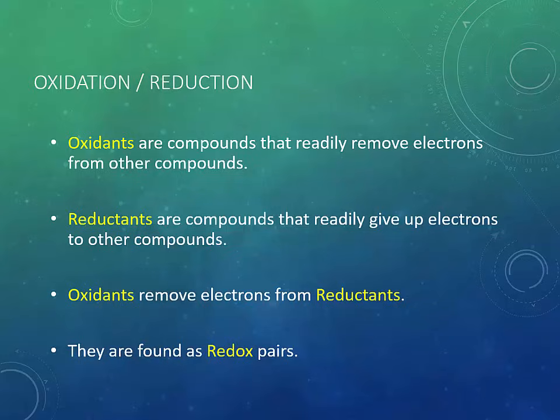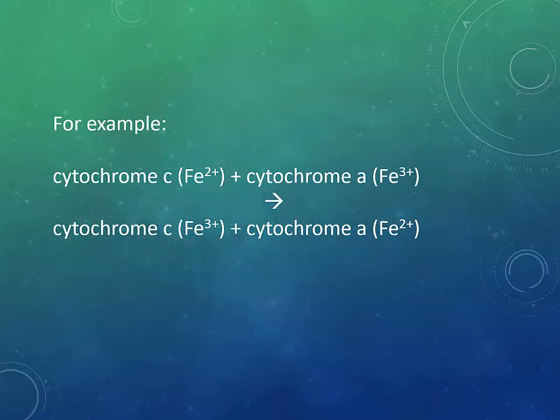So by definition, oxidants are reduced and reductants are oxidized, and they are found as redox pairs. So if we just look at a simple example here, we have cytochrome C iron 2 plus and cytochrome A iron 3 plus results in cytochrome C iron 3 plus and cytochrome A iron 2 plus.